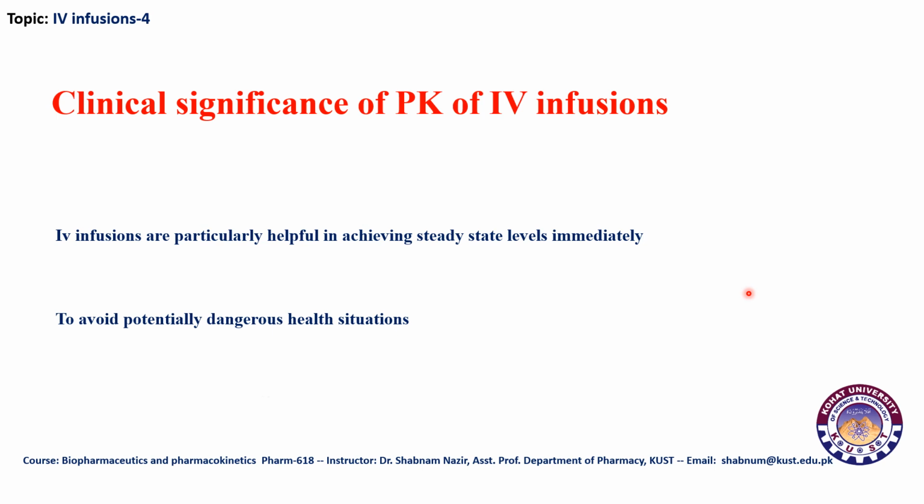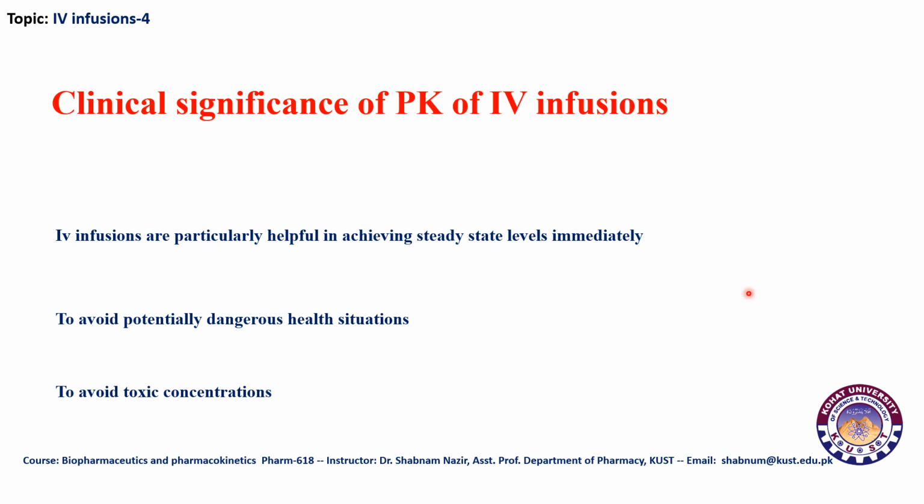Then the next important benefit is to avoid toxic concentration with the help of intravenous infusions. As we discussed already, the moment you stop the intravenous infusion, the curve drops exponentially.